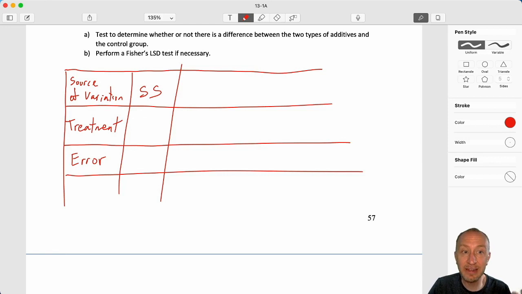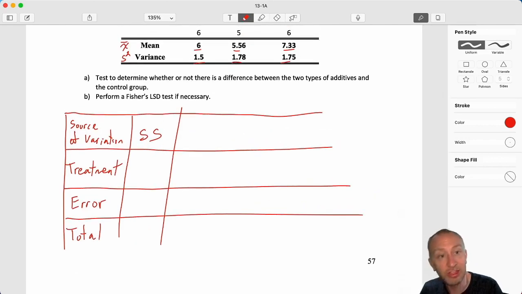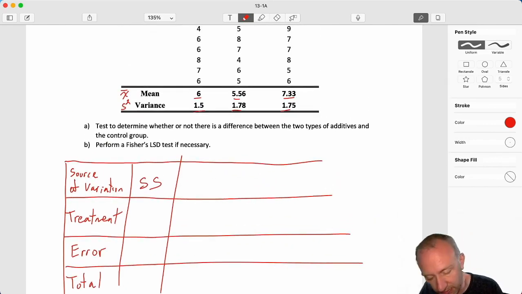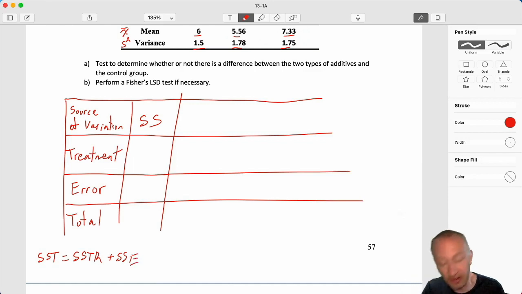And if we add together those two sources of variation, SSTR and SSE, well, that gives us sum of squares total. So throughout this module, we will be working with this relationship where the sum of squares total, the total variation in our data set, can be partitioned into its various sources.